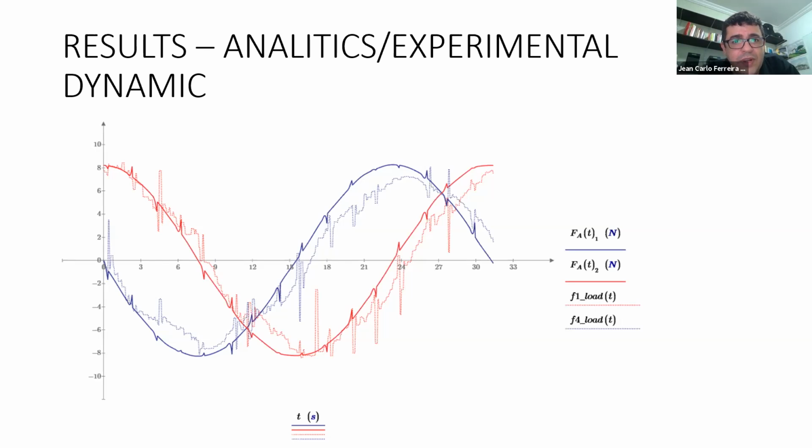The high reducer, 720 to 1. Because of this high reduction, I have a big backlash in my experiment. Maybe if I use a harmonic drive or another solution for the reduction, I can minimize my backlash.